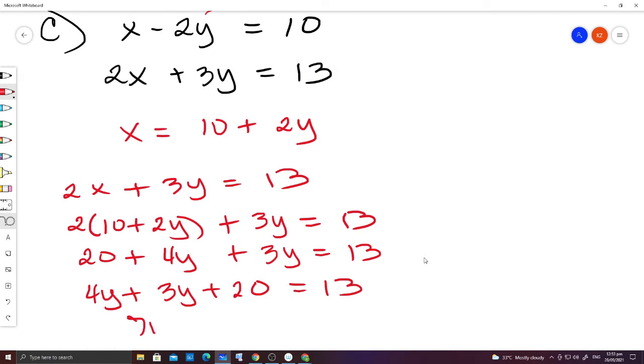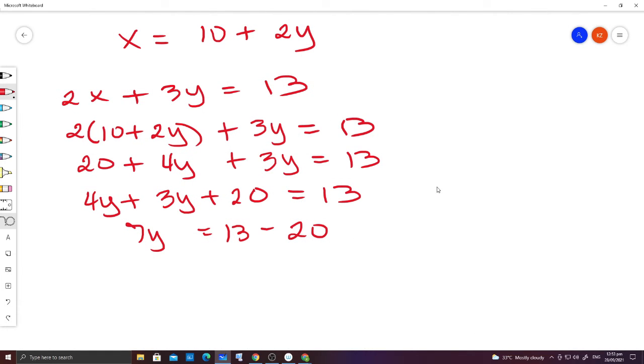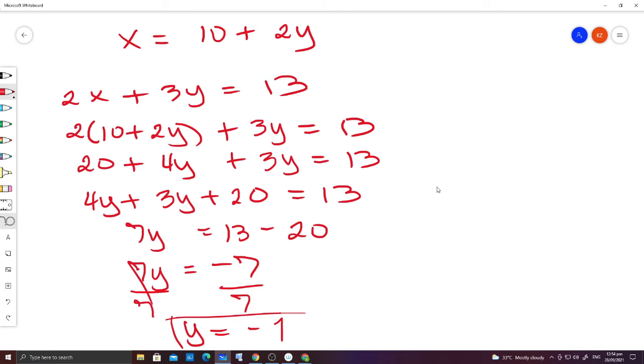We have 7y equals 13 minus 20. 7y equals negative 7. So y is equal to negative 1.